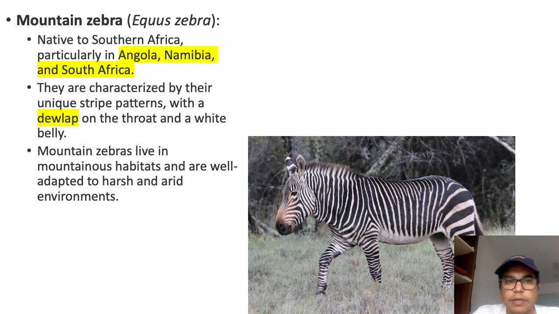It has a wide belly as well as a developed throat with hanging flesh, not so large as compared to the ox, but still it has developed, and as they are living in the mountains, they can live in harsh environmental conditions.